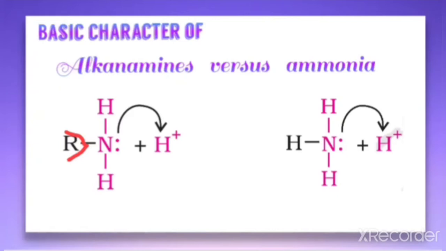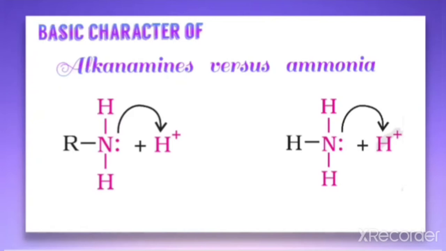That means the electron density increases on the nitrogen. So the donation of electrons will become easier, because when it pushes the electron towards the nitrogen, it makes the unshared electron pair more available for sharing with the proton of the acid. That means easier will be the donation of the lone pair to the proton.